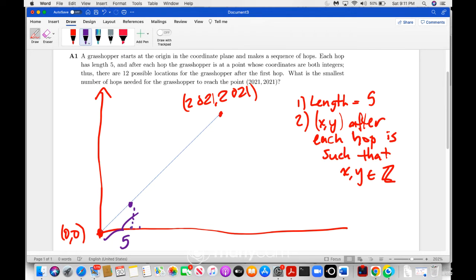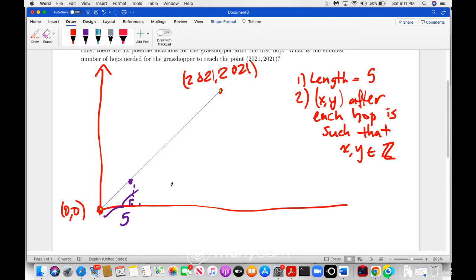Okay, but if you drop this leg down, you know that by the Pythagorean theorem, this lies along the line y equals x, right? Because 0, 0, and 2021, 2021, those both have the same output as input, which means this is the line y equals x. So whatever the length of this right triangle is, the height has to be the exact same.